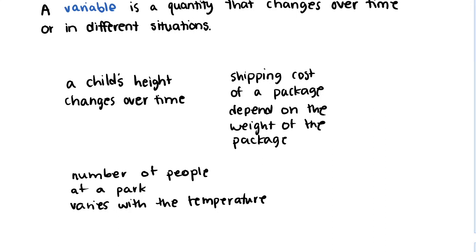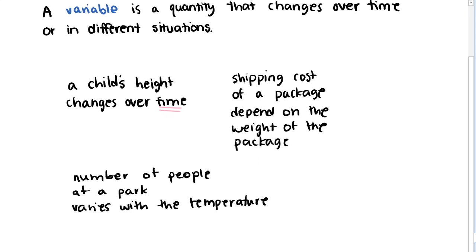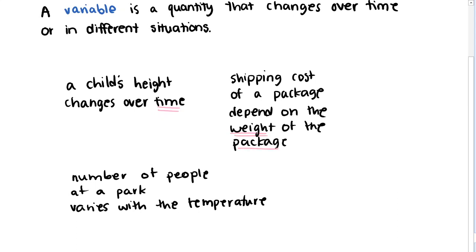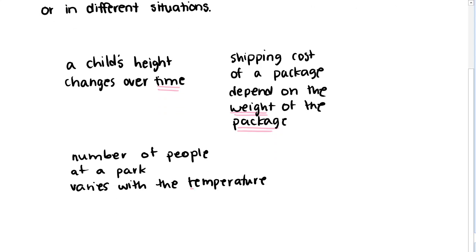And actually, I should add that time, we can also think of as a variable, or the weight of a package. You know, these quantities, they vary as well. This might be a variable, or maybe the temperature. So these variables that we discussed a moment ago, the things that these depend on, these are also examples of variables as well.